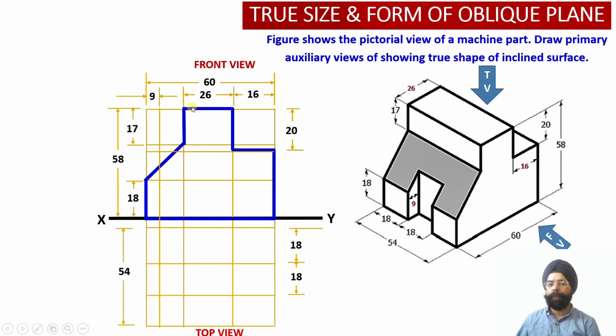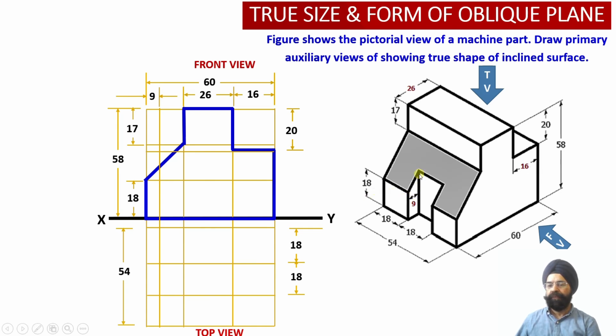Then you have the top surface, which will appear as an edge view in the front view. This surface is visible, this surface is visible, and then this is the edge view of the inclined section surface of the solid, the shaded portion. This way the front view has been obtained, but this portion we haven't drawn till now.